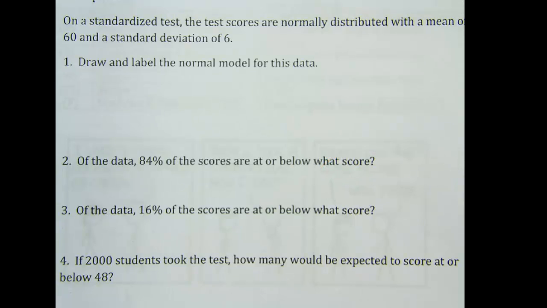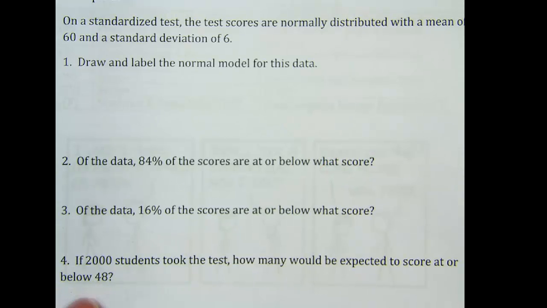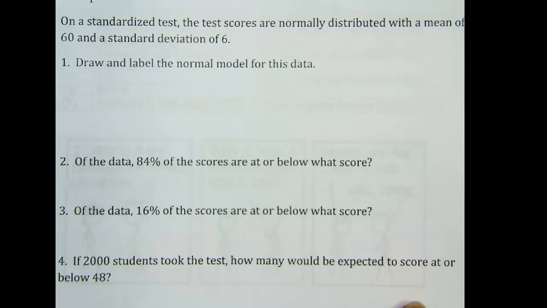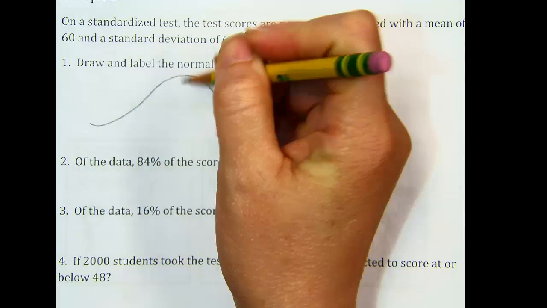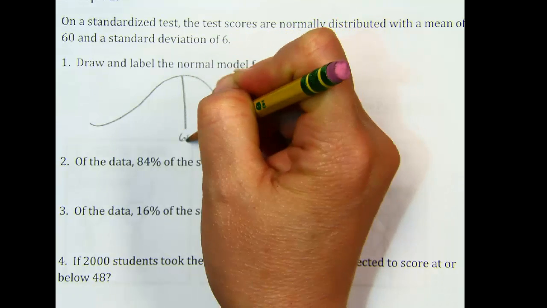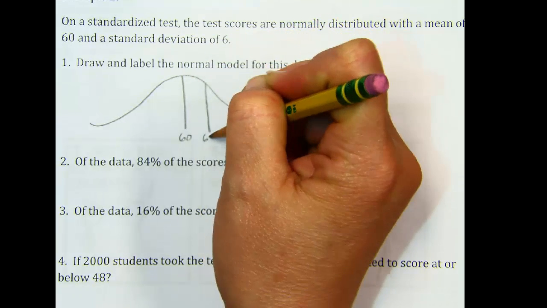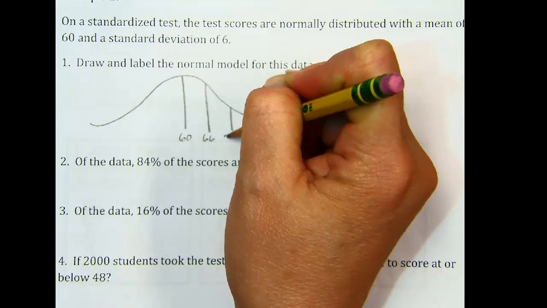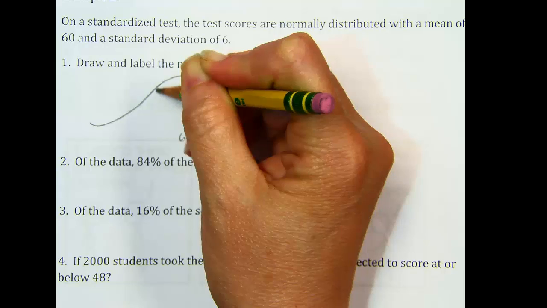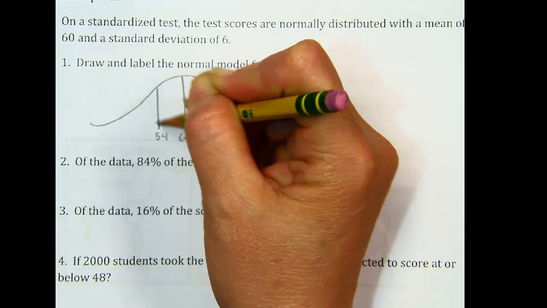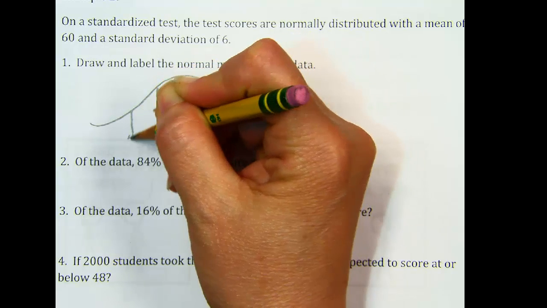Okay, our last example for the day, we have a standardized test. The scores are normally distributed with a mean of 60 and a standard deviation of 6. Here I tell you to draw and label the normal model, but you would do that anyway when you read normal distribution. So again, the mean goes in the middle, and I add the standard deviation 3 times to the right and subtract the standard deviation 3 times to the left.